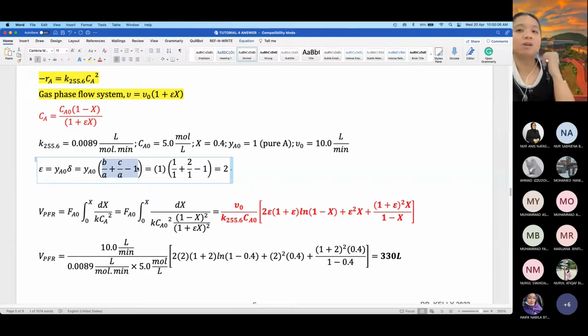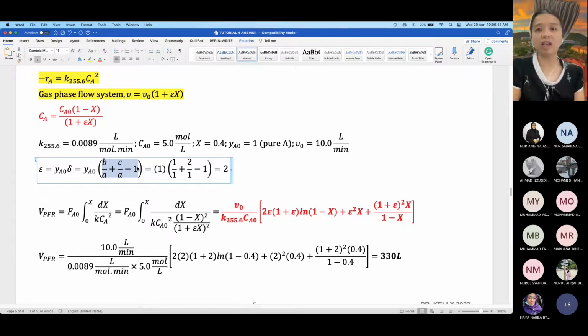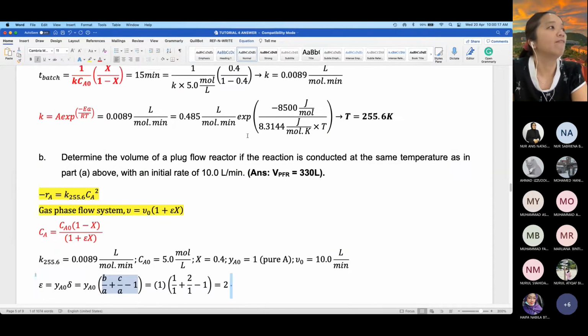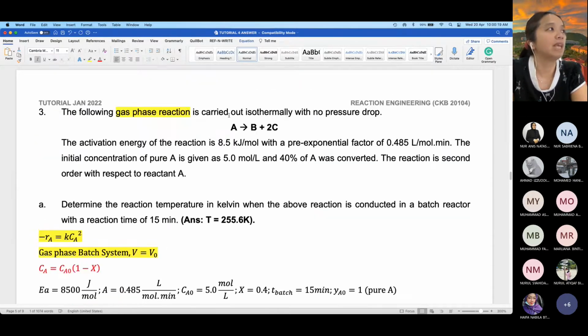So you have to remember, the stoichiometric coefficient ratio will be positive for the product, negative for the reactant. Okay, so in this example, we have 3 compounds A, B and C, of which A is reactant, B dan C adalah product.